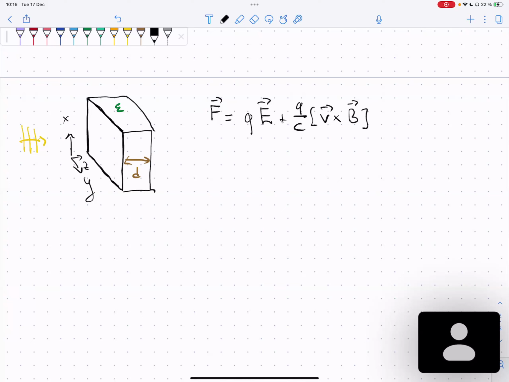But actually, this is for the force acting on a charged particle.